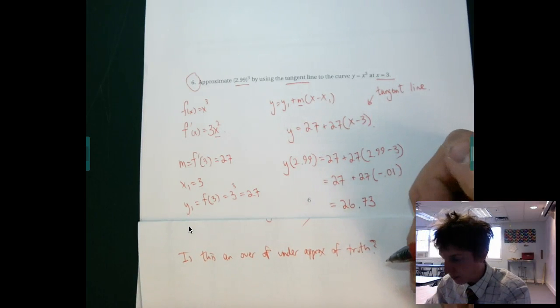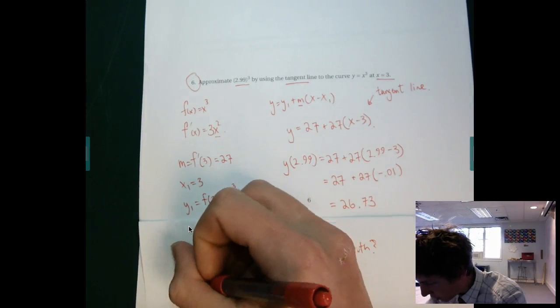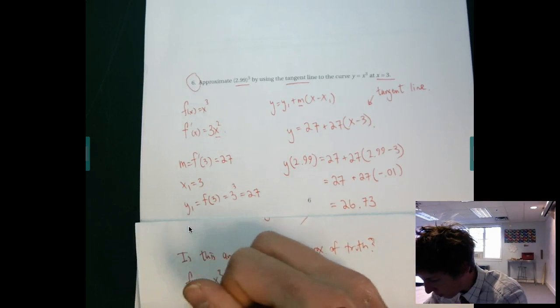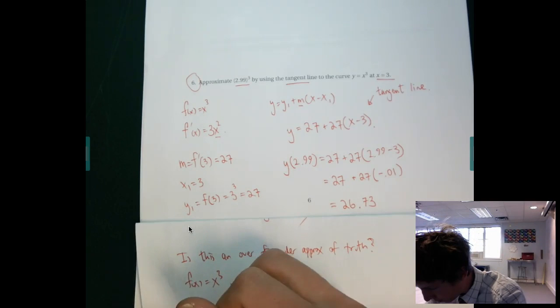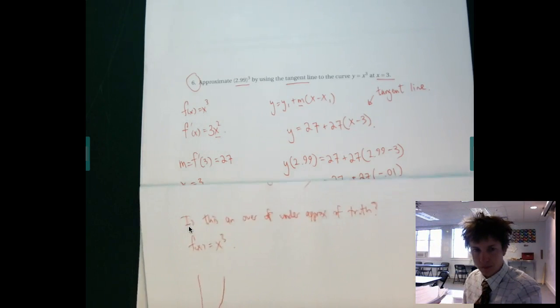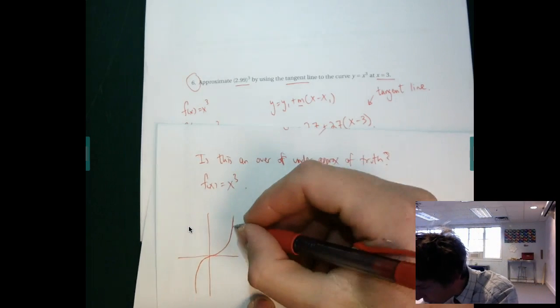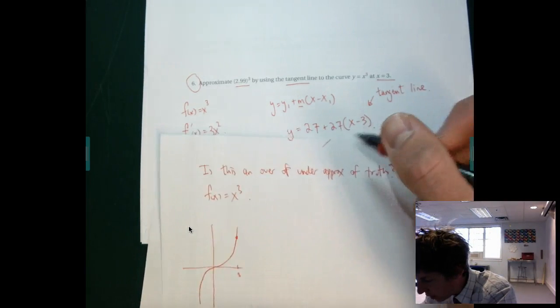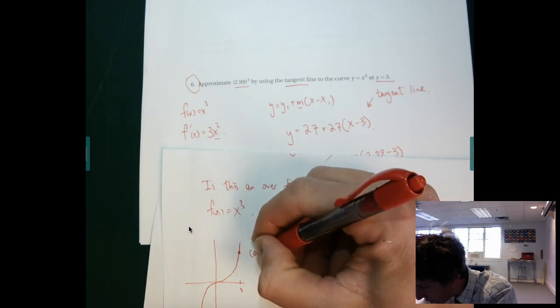So think about the function. The function is f(x) is equal to x cubed. This function, if you graph it, looks something like this. Here's the point when x is 3, y is 27, someplace up here. Notice that this function is concave up.